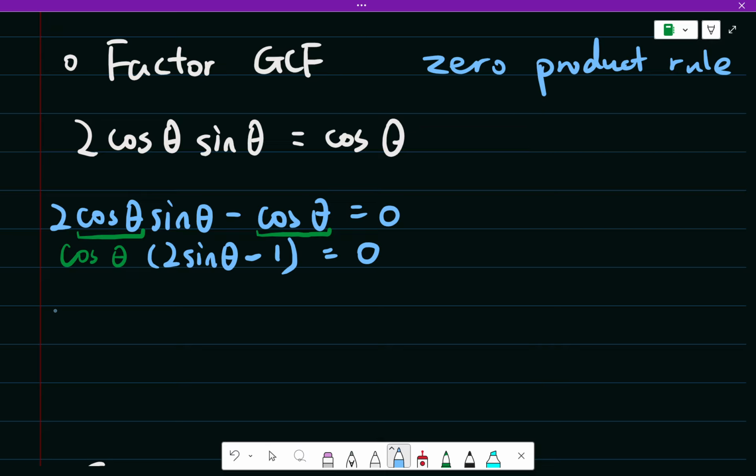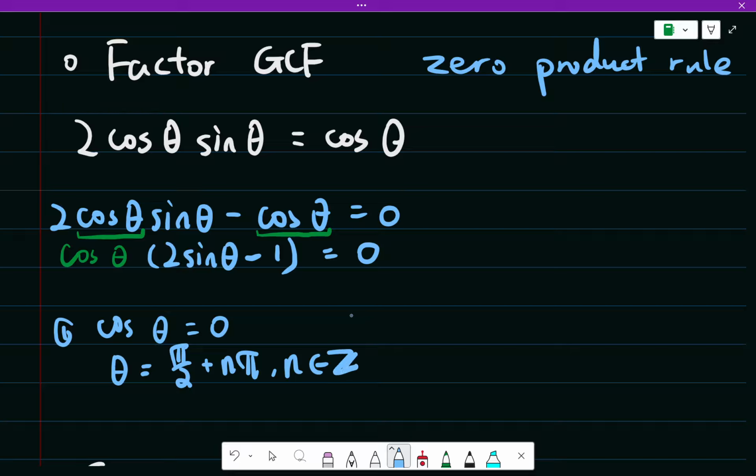So we have the product of two terms equal to 0, and so there are two possibilities. The first possibility is that cosine theta is 0. We would have theta equal to pi over 2 plus n pi, where n is an integer. Because, going back to our CAST rules, we know that cosine pi over 2 is 0.